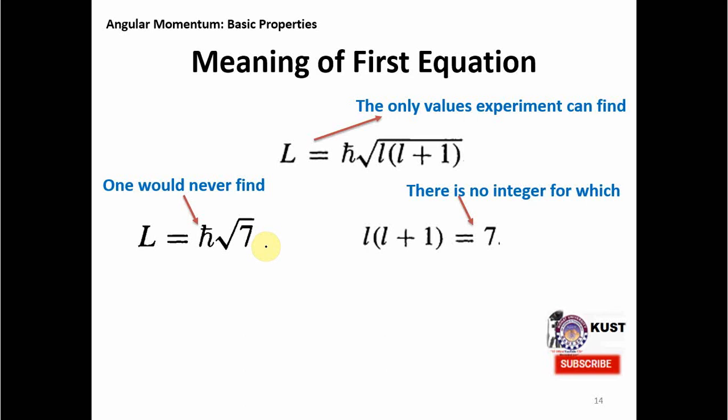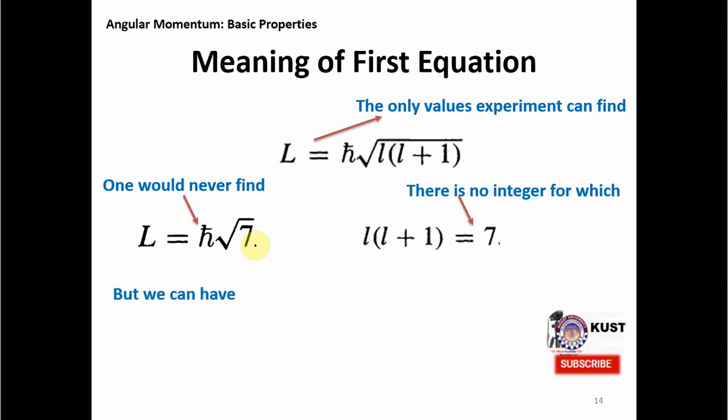Experiment would never find this value, and this is an experimental check for the correctness of quantum mechanics. Nobody has done any experiment so far which reports that the angular momentum of an electron was of this value.